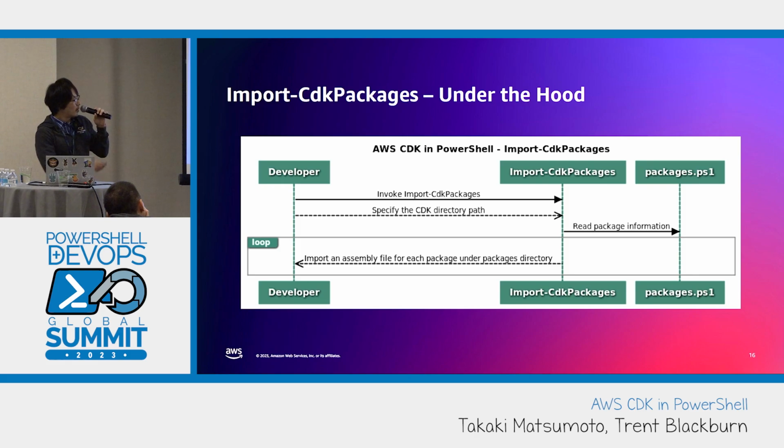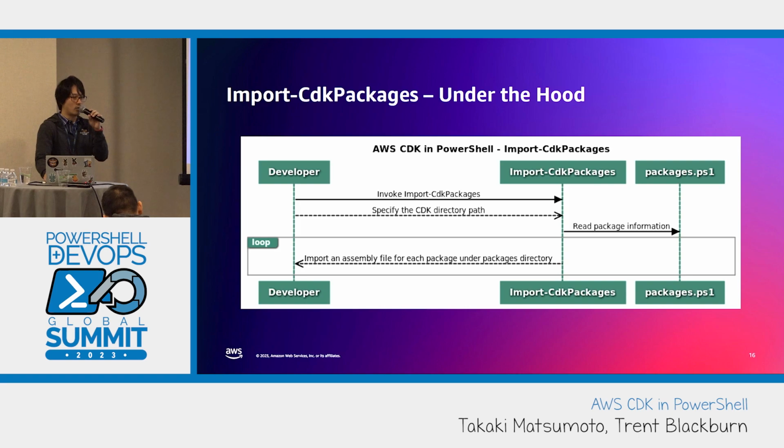The sequence diagram for this one is, again, pretty straightforward. When you call it, it looks at the packages file again to see which ones are the dependencies for the given CDK app, and tries to find those under the local directory that you specify.